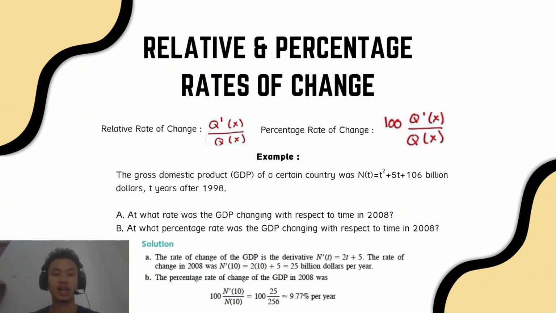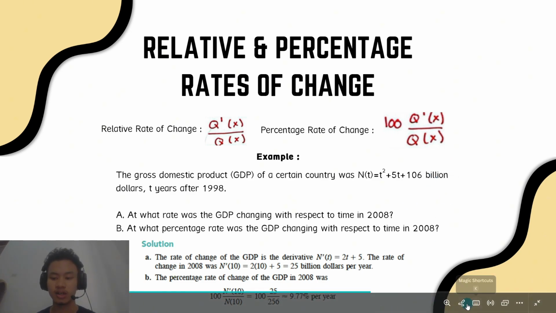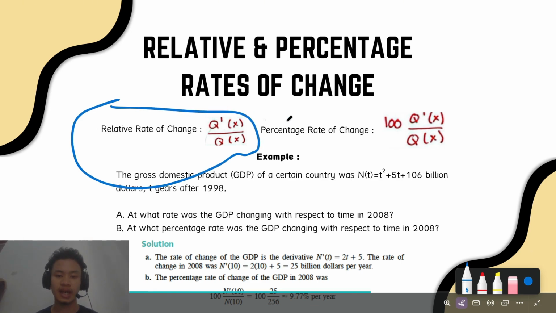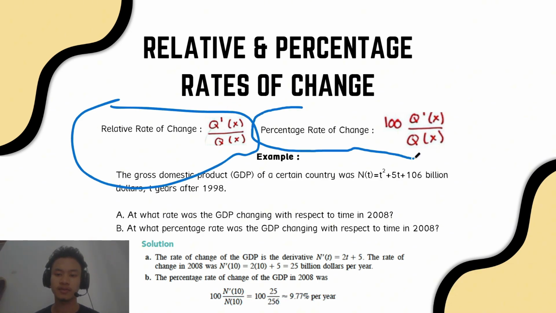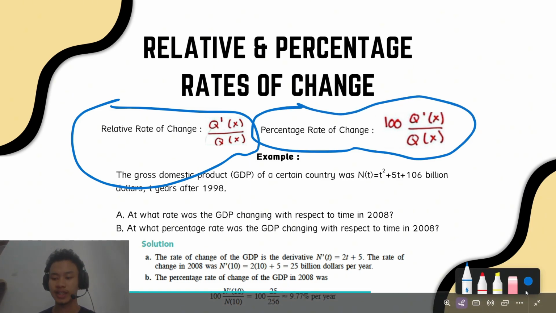Okay, let's move to the relative and percentage rates of change. Here is the formula for relative rates of change. And here is the percentage rate of change formula. Okay, move to the example.